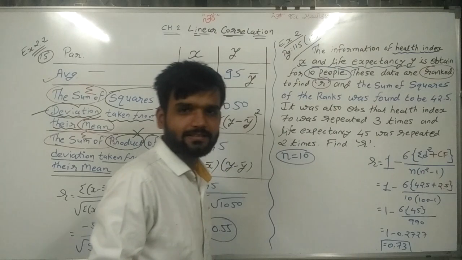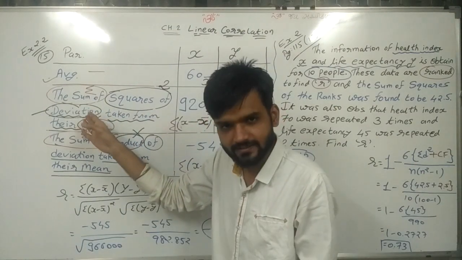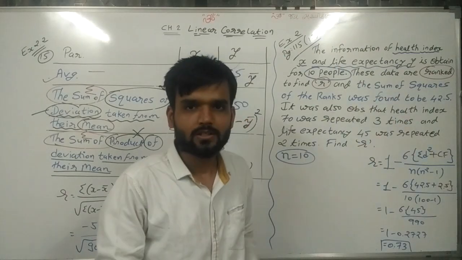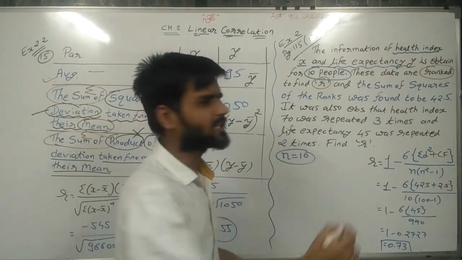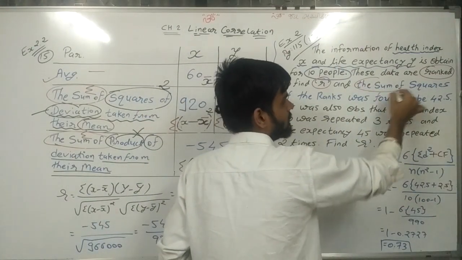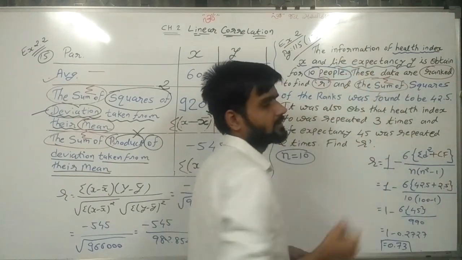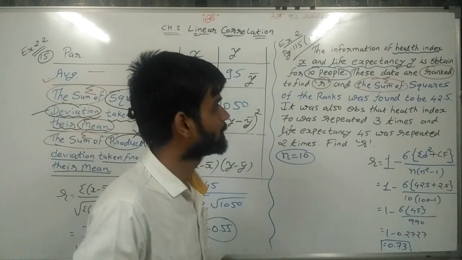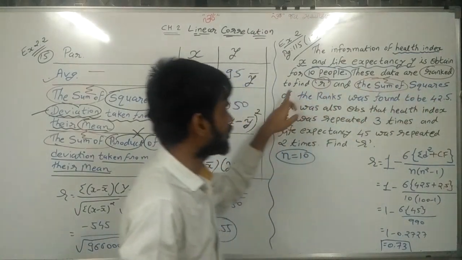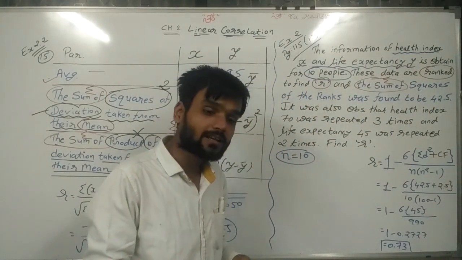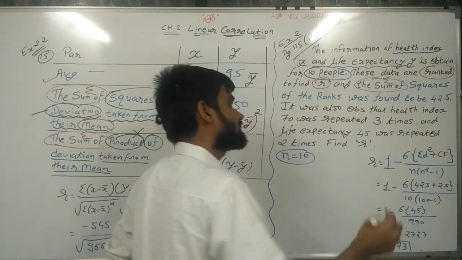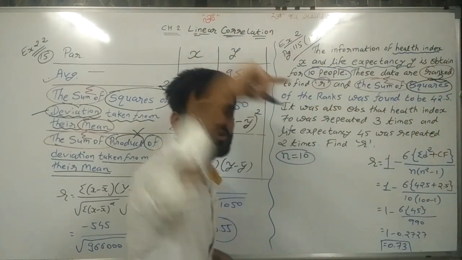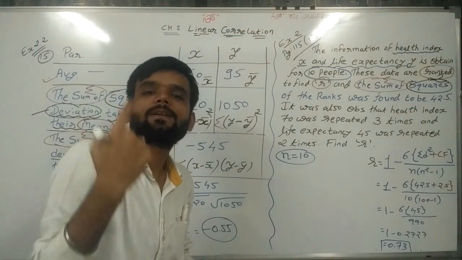Now, important thing, same like this. The sum means sigma. Sum of squares of, so again square means raised to 2.